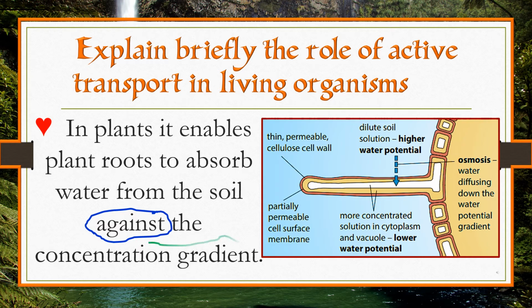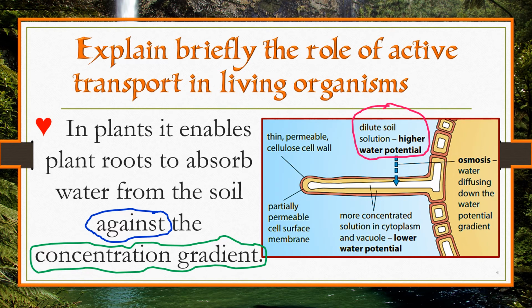But when we look at our diagram here, it is saying dilute solution, soil, meaning that the soil has got a higher water potential. And when you look at the concentration in the vacuole and the cytoplasm of the root hair, there is high concentration, meaning that there is low water potential.